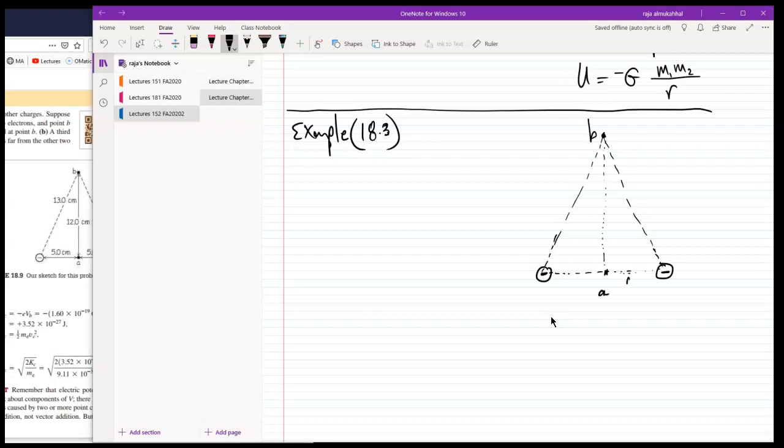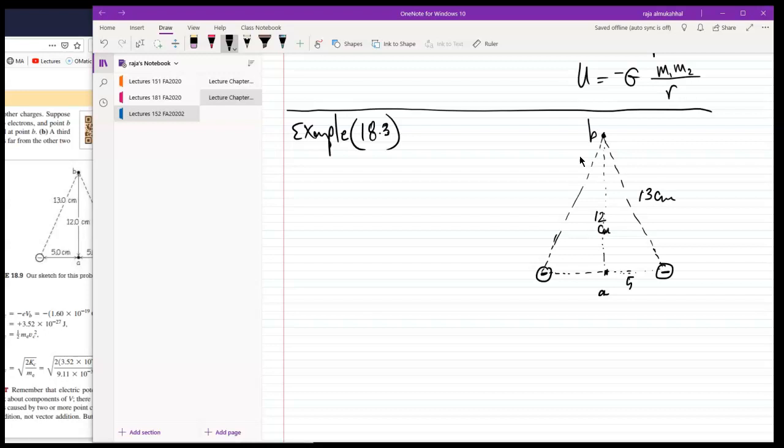He said this is 5 centimeters, and this is 12 centimeters. Using the Pythagorean law, I can get the length of the hypotenuse from this electron to B. It's 13 centimeters.